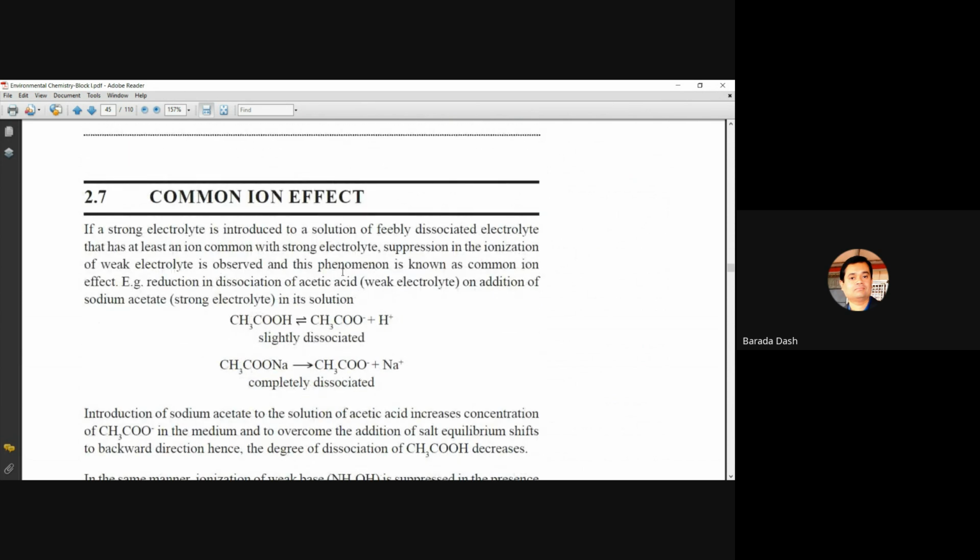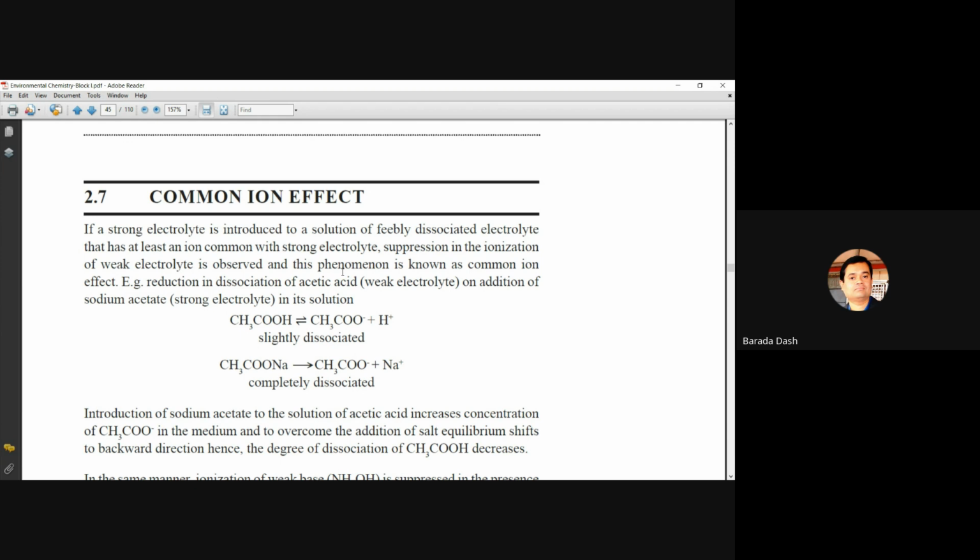So common ion effect: if a strong electrolyte is introduced to a solution of a feebly dissociated electrolyte that has at least one ion common with the strong electrolyte, suppression in the ionization of the weak electrolyte is observed.